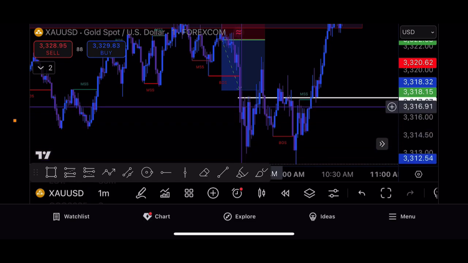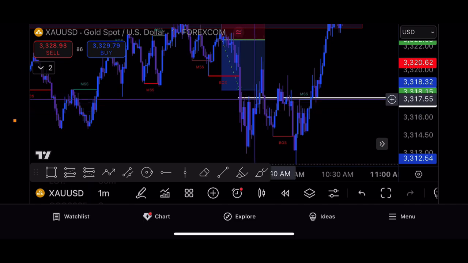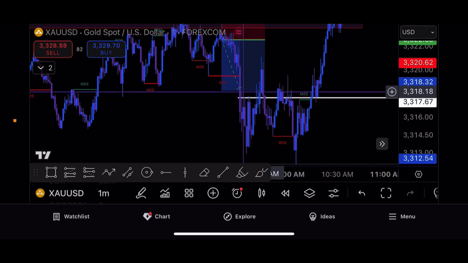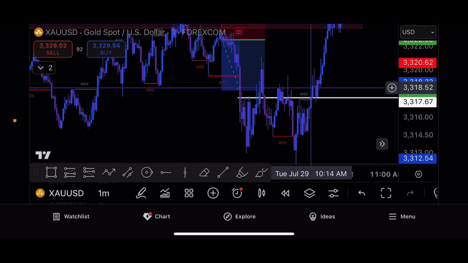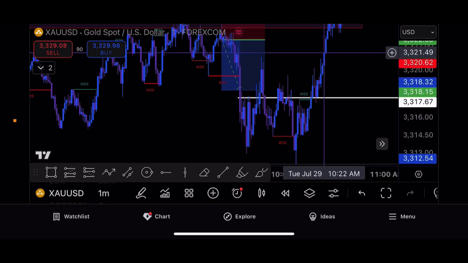It should be the last lower high that you're looking for on the 1 minute to get invalidated before you look for a reversal. So we had to close above, came back and retested, and shot up straight like that.